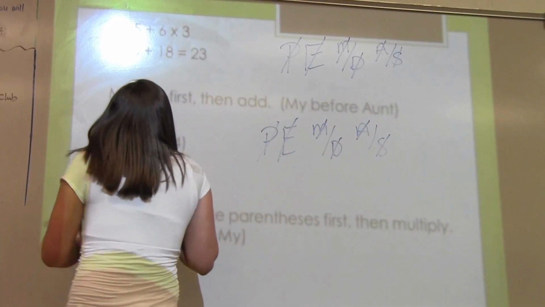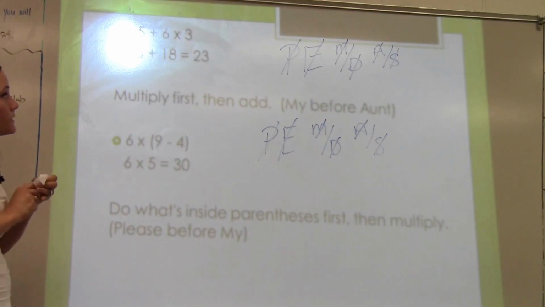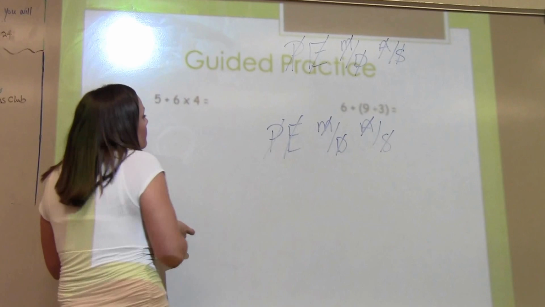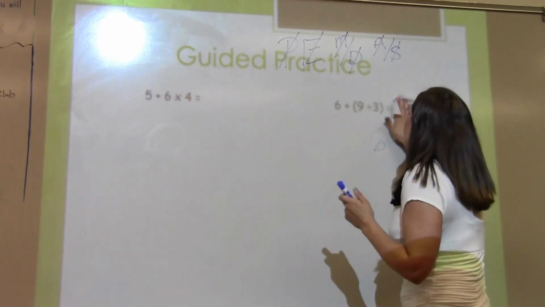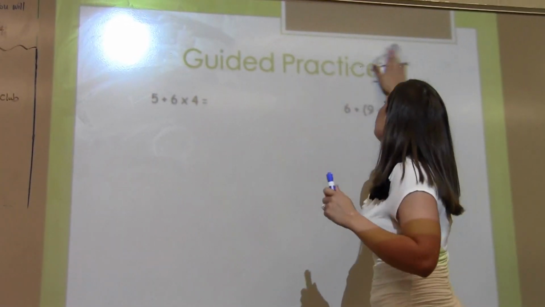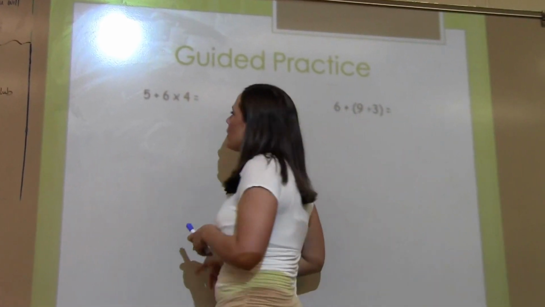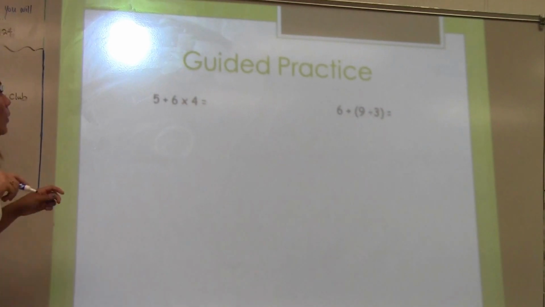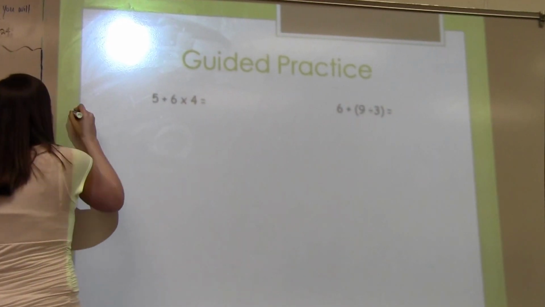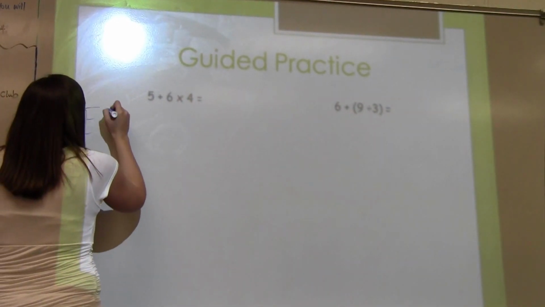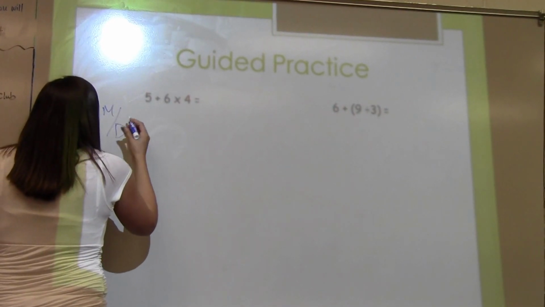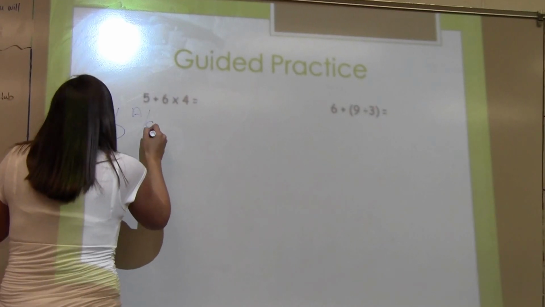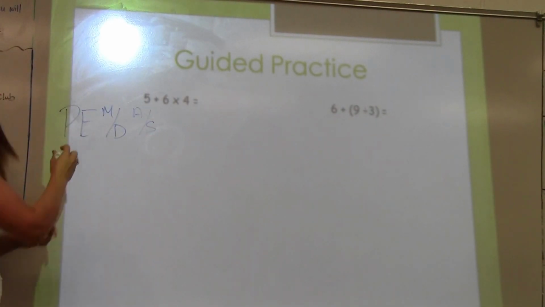All right, I want you to try these 2 problems on your paper. What do you need to write down first? Your formula. All right, what do we use first after we've written our formula? Addition. Now, look at our steps. Any parentheses?